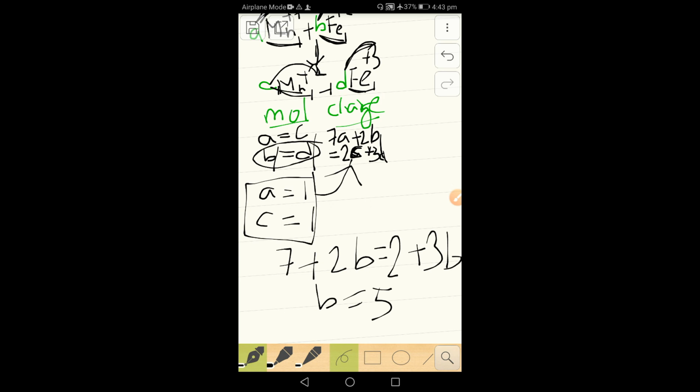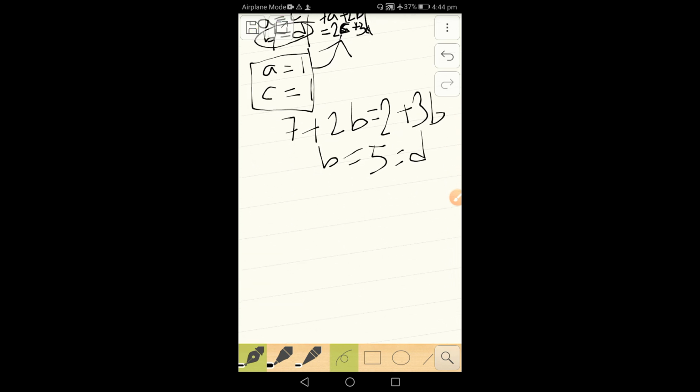So B will be equal to 5. At the same time, D will also be equal to 5. So we have A equals 1, C equals 1, and B equals D. That means if B is 5, then D is also 5. Now let's put it together.